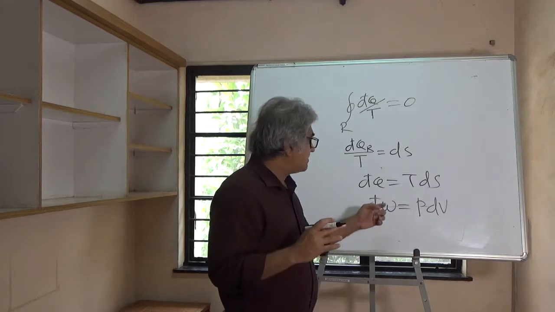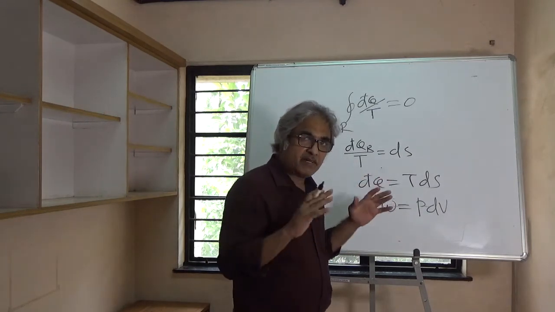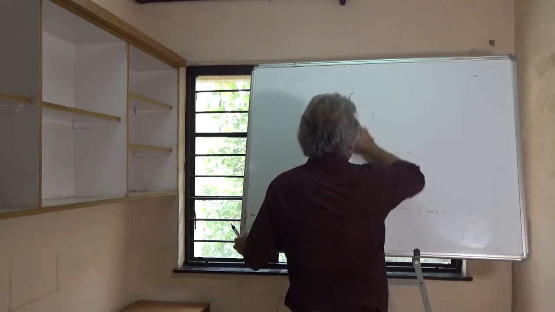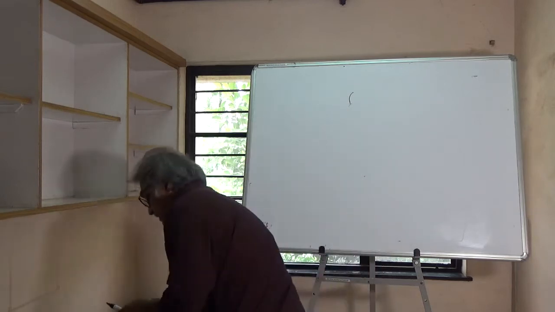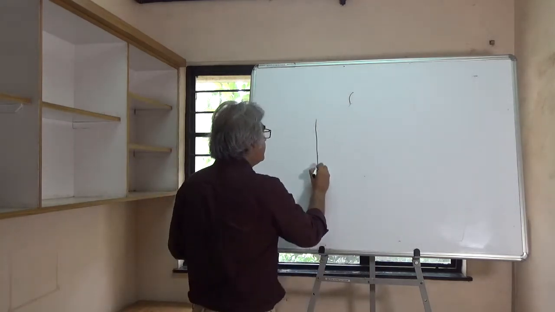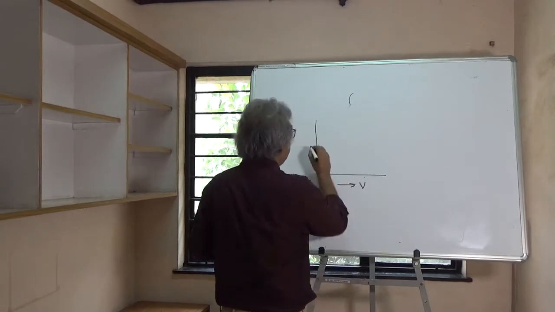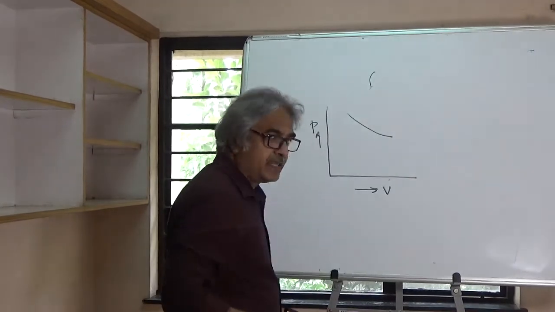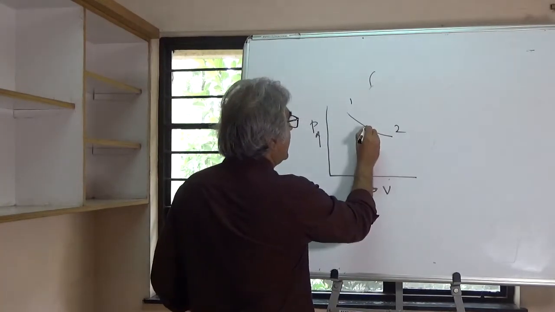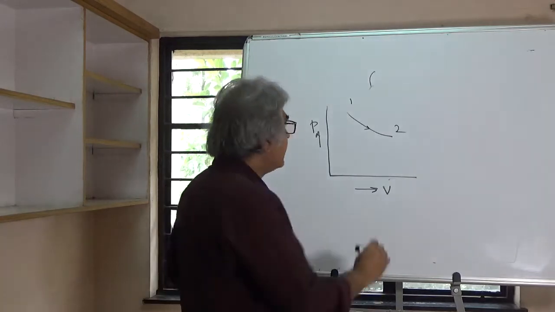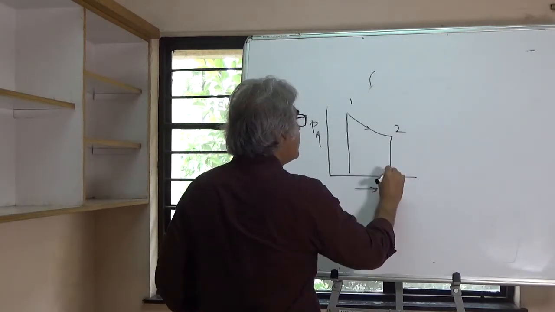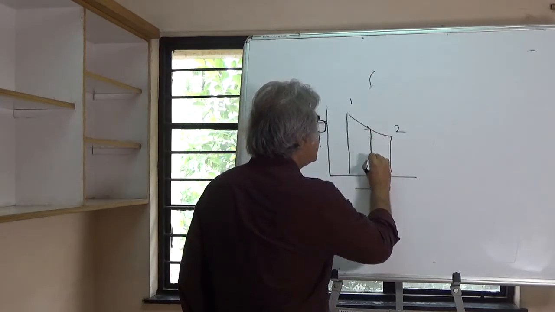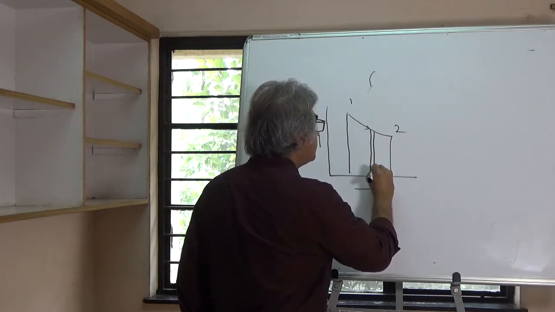Just think, here it is dW. Okay, let me draw that PV plane and compare it with this. Let's say that this is a PV plane, and if this is a process line, state 1, state 2, and this is the reversible process, then area under this is work transfer. How do we find it out? We do the integration of what? This is a small strip.